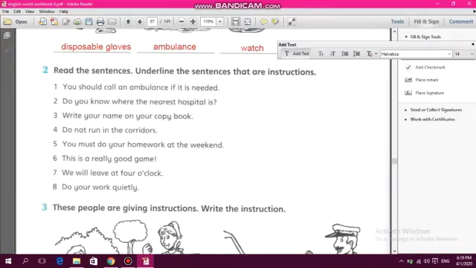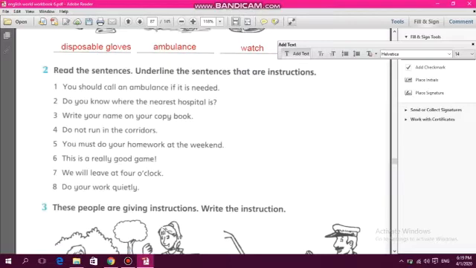Like for example, do your homework. Don't sit down here. For example, open the door, open the window, close your book. Hi, أمثلة, examples على instructions.